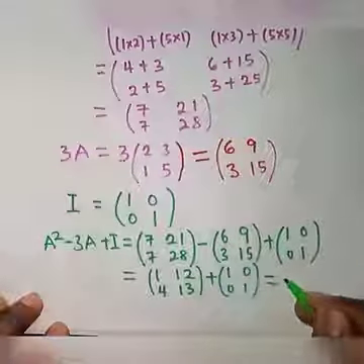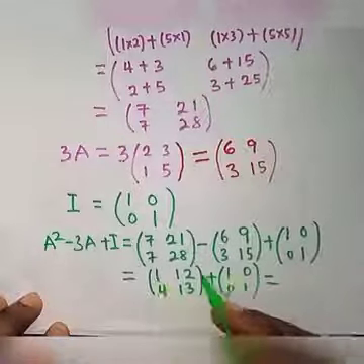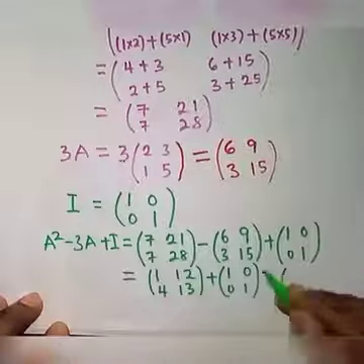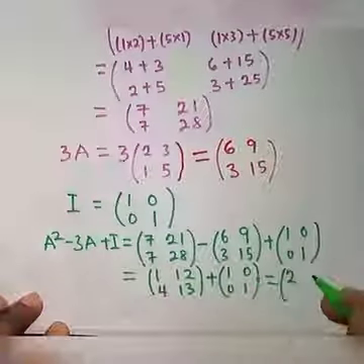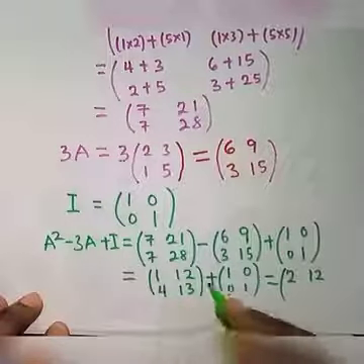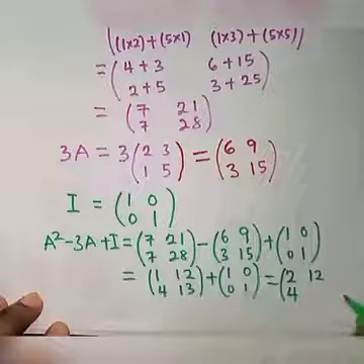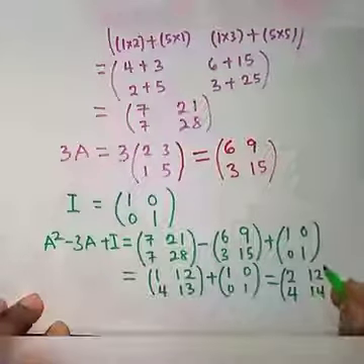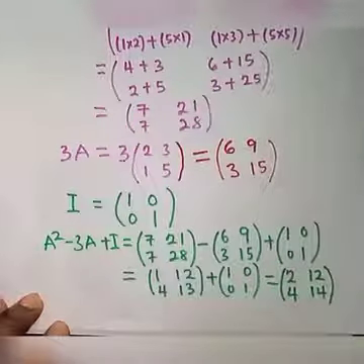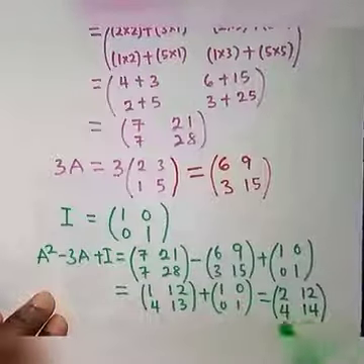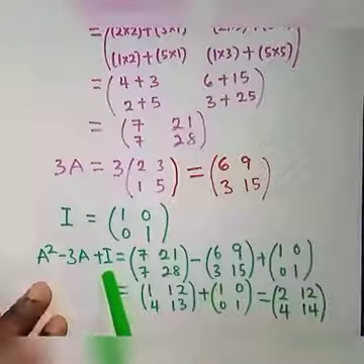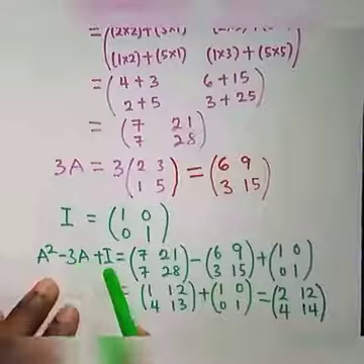And this is equal to 1 plus 1, we add them entry by entry. 1 plus 1 is 2, 12 plus 0 is 12, 4 plus 0 is 4, and 13 plus 1 is 14. And so this gives the value of this expression, A squared minus 3A plus I.